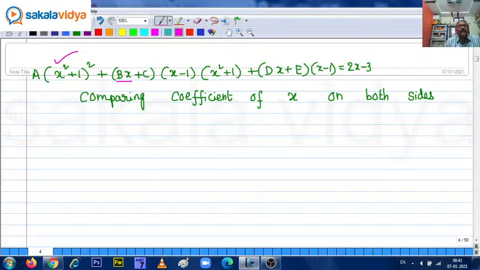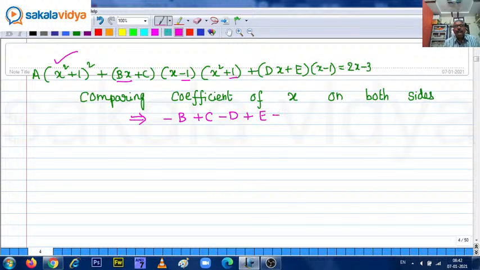You check it now. Bx into minus 1, minus bx into 1, minus bx. So that means you will be getting minus b. Next, cx into 1, cx plus c. Here dx into minus 1, minus dx minus d, and plus ex.